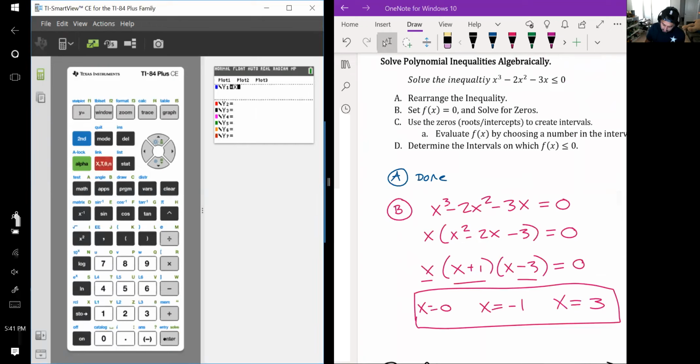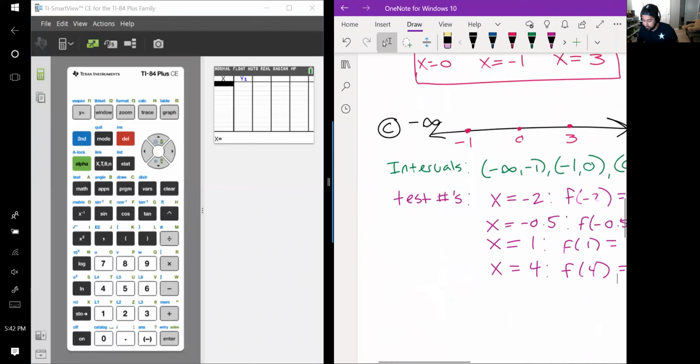Enter the function x cubed minus 2x squared minus 3x. Enter. Second graph. Delete anything that's there. And now I'll come down to my numbers.